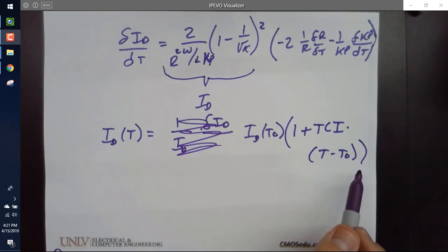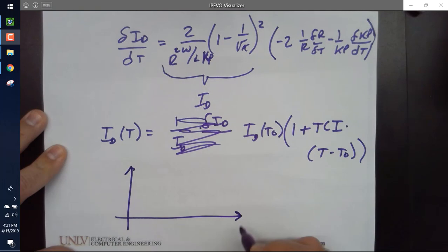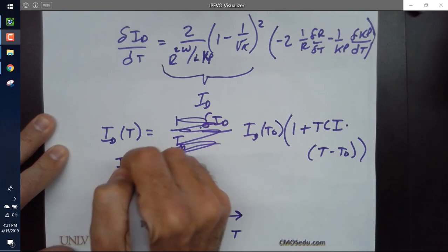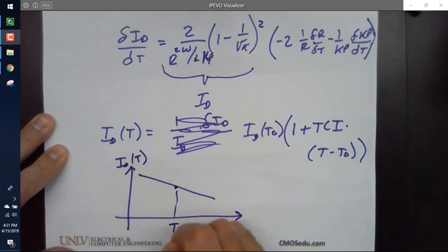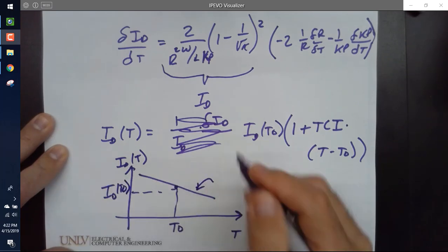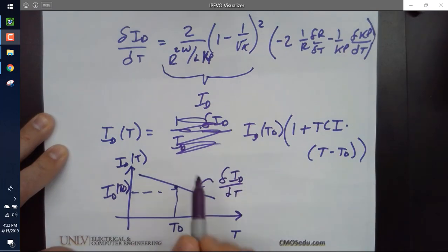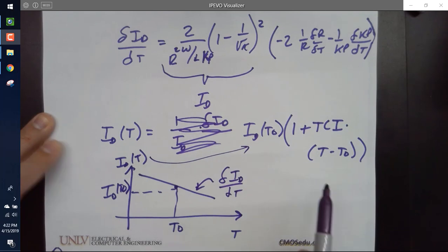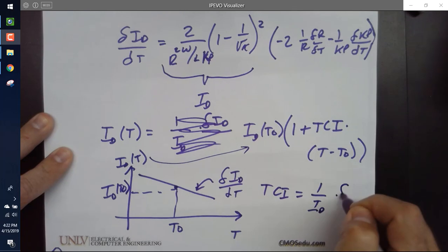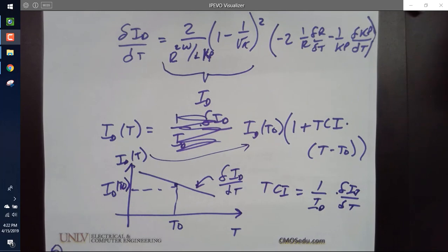Or do I need to show the graph again? I need to show the graph again. So I get a TEMPCO, whatever it is, ID of T. And then at T0, we have ID of T0. And the slope of this is del ID del T. And we write that ID as this right here, and then that gives TCI equals 1 over ID times del ID del T. Just repeating like I did with the resistor.